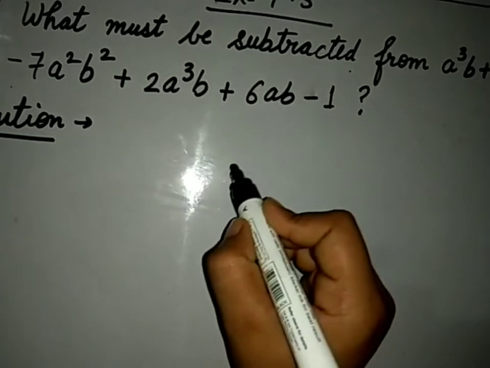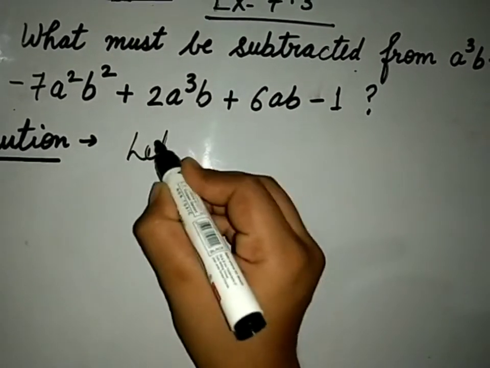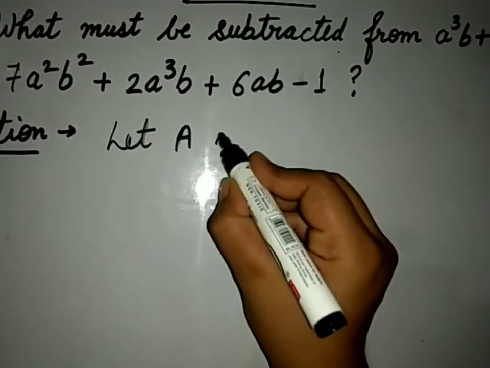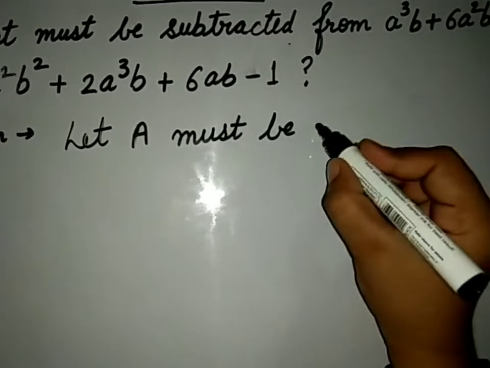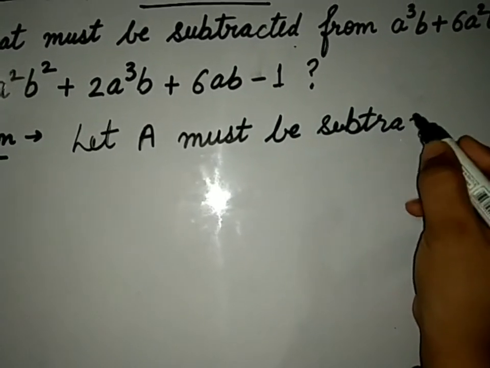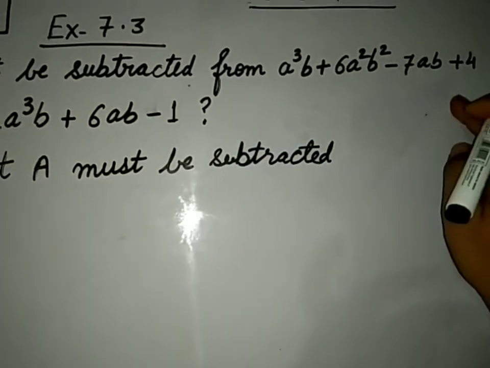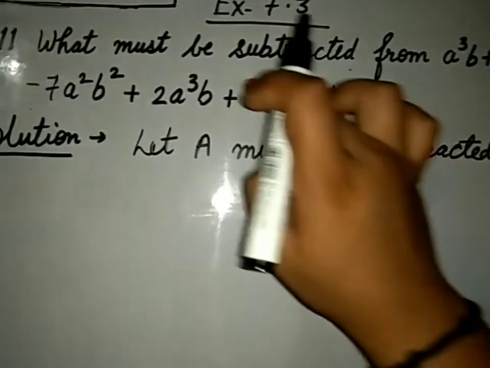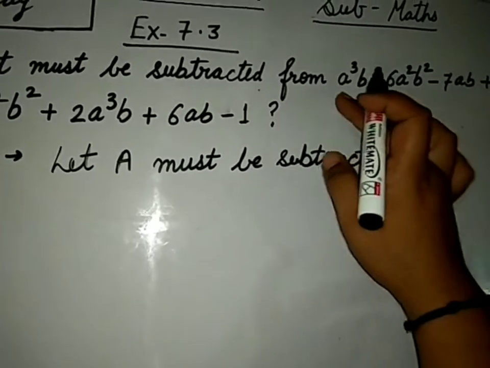So you can assume here any of the letters. So I assume here let A must be subtracted from this algebraic expression to get this. Okay, so first of all write over there this expression.